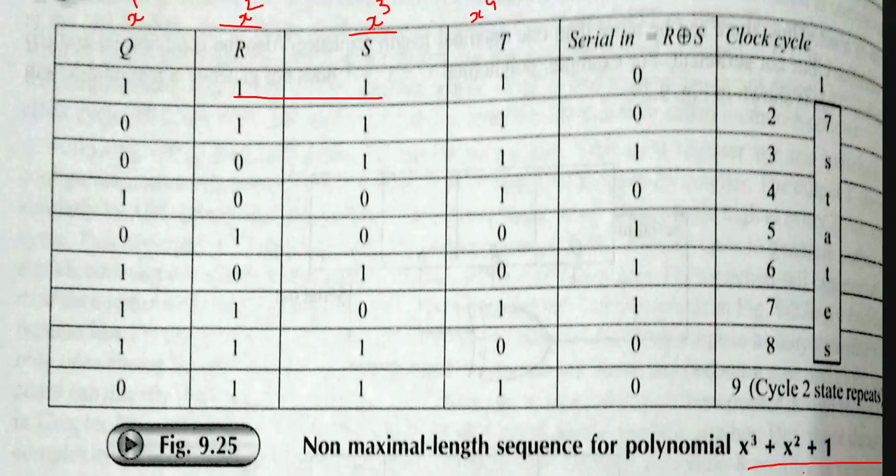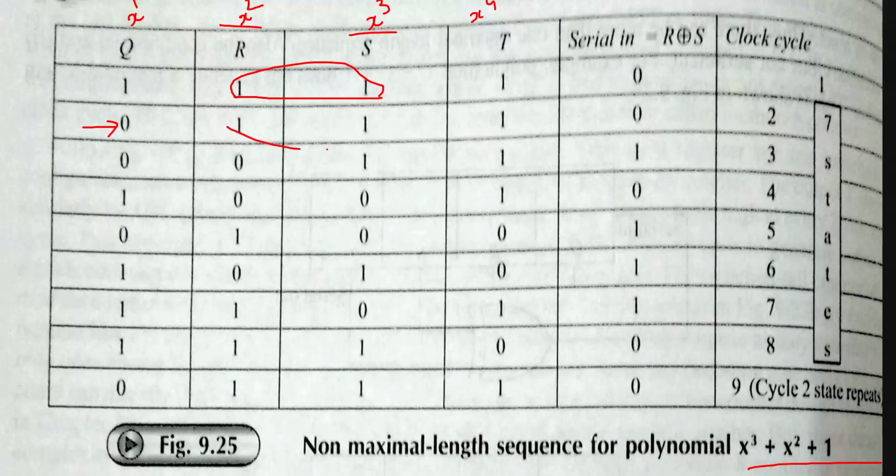This polynomial satisfies our necessary conditions, but it is not an LFSR that generates the maximum possible states. See, these two XOR: 1 XOR 1 is 0, which forms the input feedback to the first state.